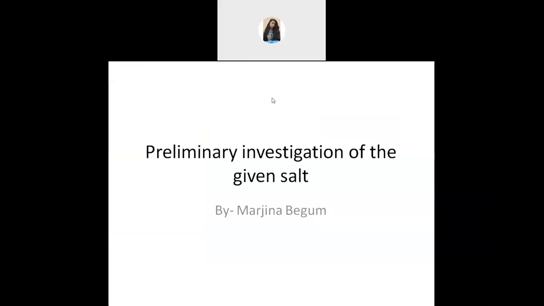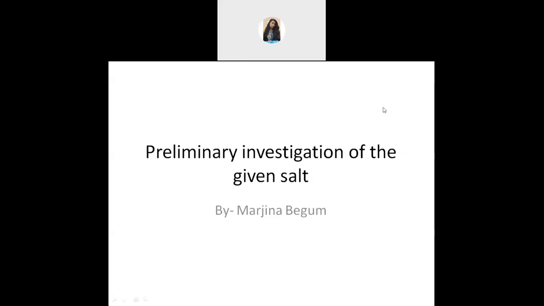So our experiment number 4, the aim of our experiment is preliminary investigation of given salt. Note down the date, the experiment date, and you have to write the page number properly. You have to write the experiment date and experiment number also. Okay.